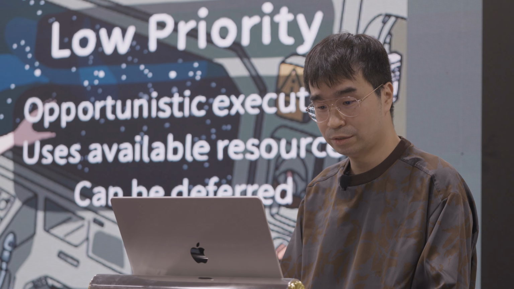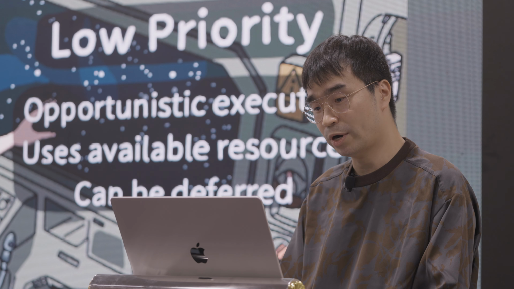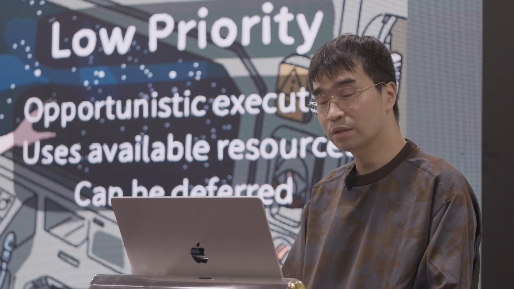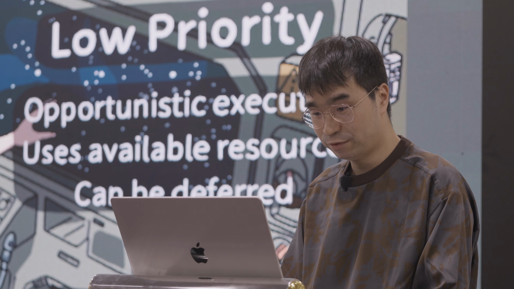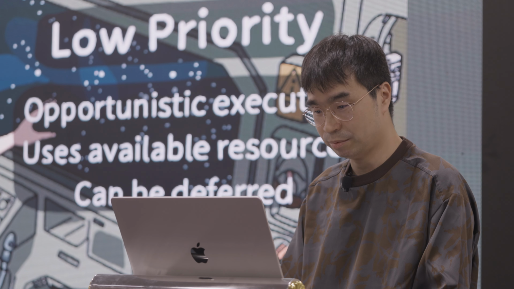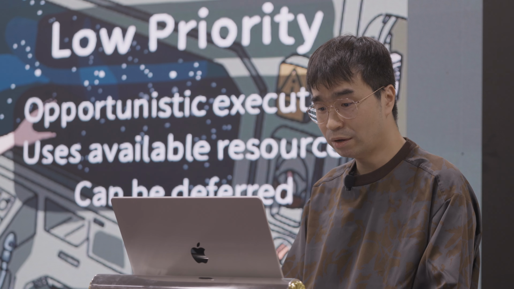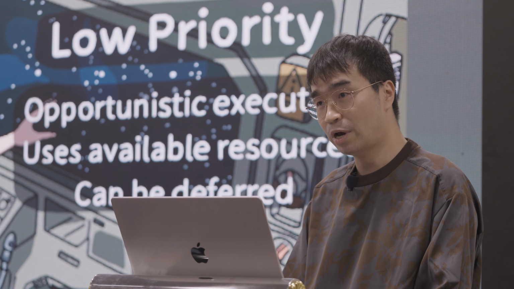We divide tasks into high priority and low priority ones. High priority tasks should run concurrently and can have dependency management. Low priority tasks can be delayed and run only when system resources are available.